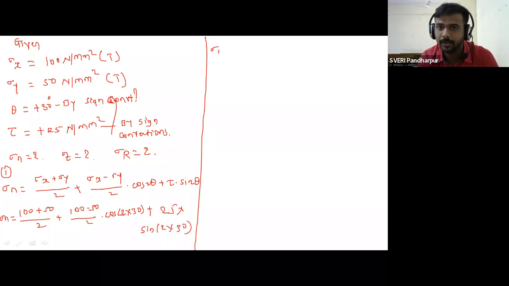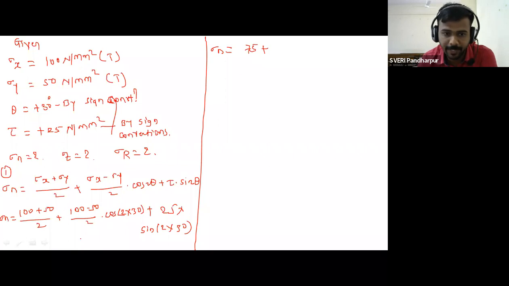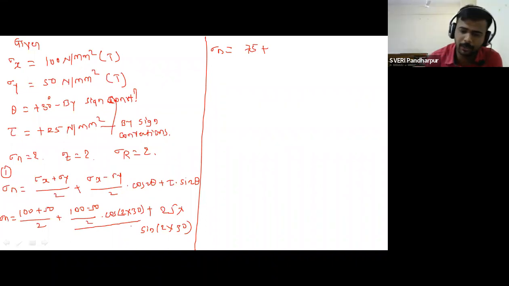So one by one, 100 plus 50 divided by 2 is equal to 75, plus separate this calculation: 100 minus 50 divided by 2 into cos 60. Do the separate calculation. No problem, your answer should be the same. So here it is 25.